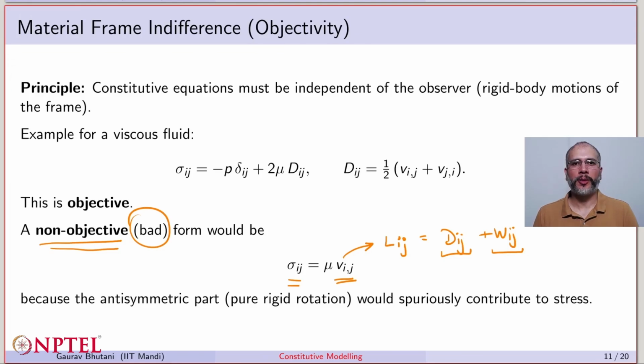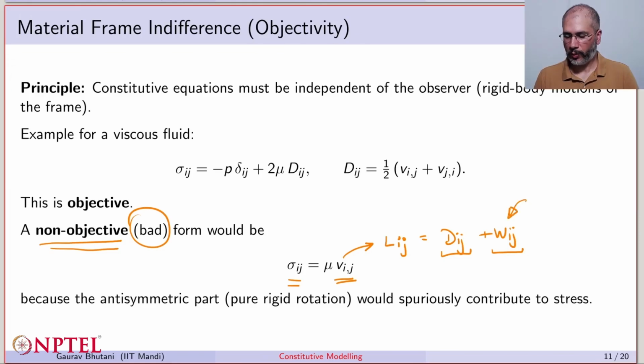So if the observer was rotating, then the rotating observer would end up measuring that as an opposite rotation of the material. So this wij will get modified because of the observer's motion, and that will affect the stress as a result. The deformation was exactly the same, just the observer rotated, and that resulted in the stress being calculated differently. So there has to be something wrong with this.